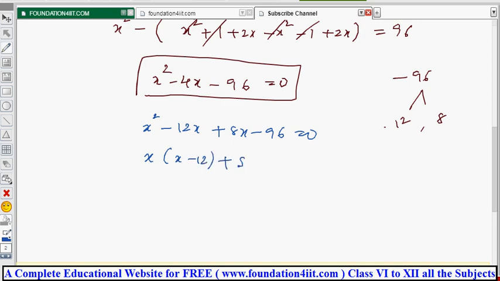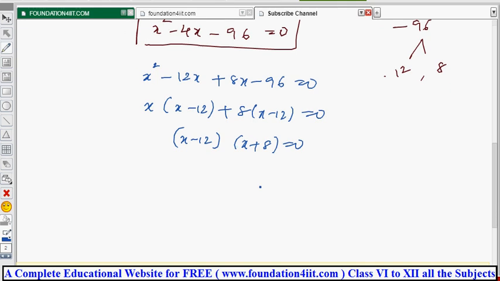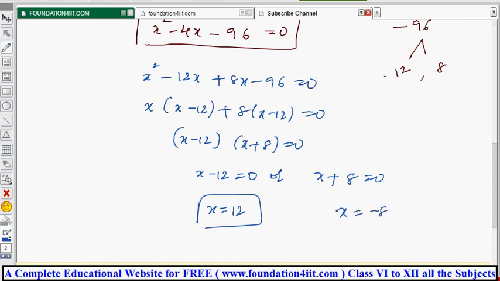I am just going fast. x minus 12 is the bracket, then x plus 8, by using the zero product rule. So x minus 12 is equal to 0 or x plus 8 is equal to 0. From this, x is 12 or x is equal to minus 8.